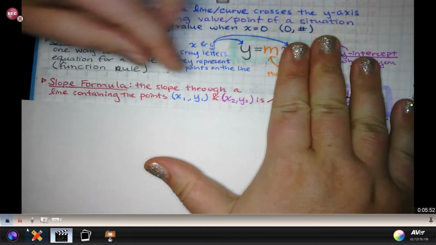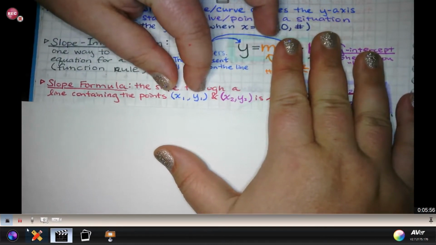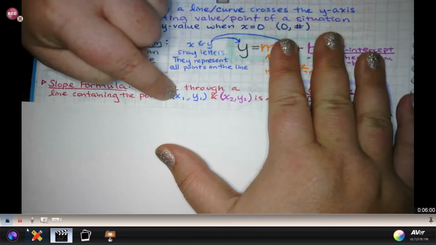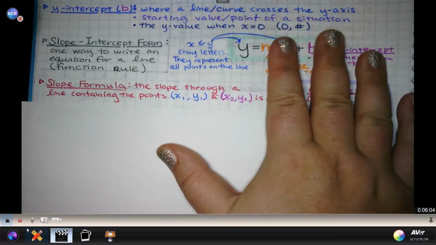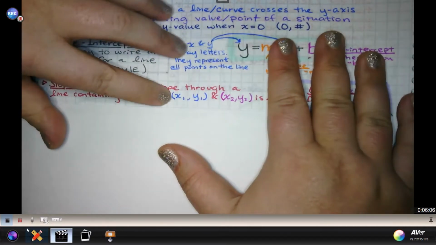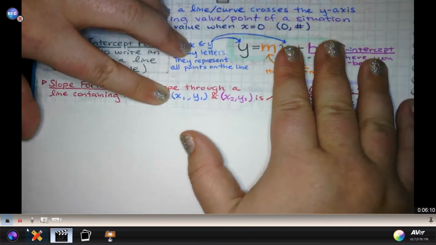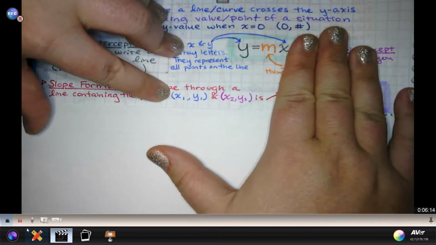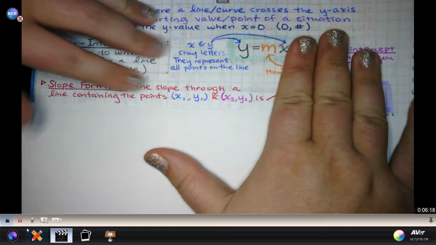So first I want to focus on this. So notice that I wrote these. X always comes first in a point, and y always comes second. But notice I wrote these subscripts. They're called subscripts because they go down low. They're not like an exponent where they go high. And that has no actual mathematical operation to it. It's a label. So what I did is from this first point, this blue one, I labeled them with 1s because they come from the first point.